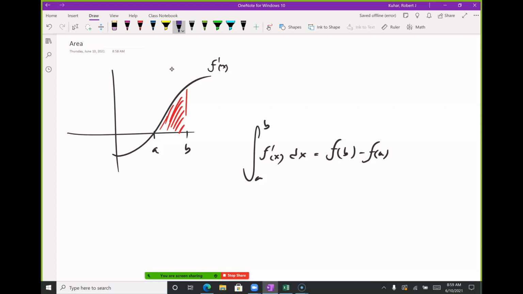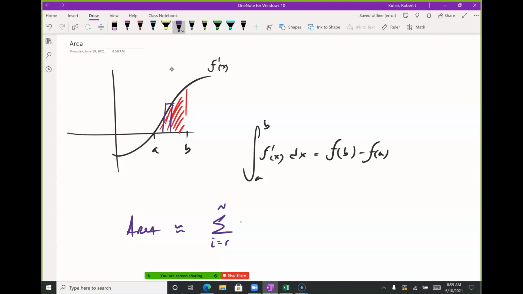So we would draw that rectangle. For example, I have a right-hand rectangle here, right? And I would say, okay, my area is approximately equal to the sum from i equals 1 to n of those rectangles, right?